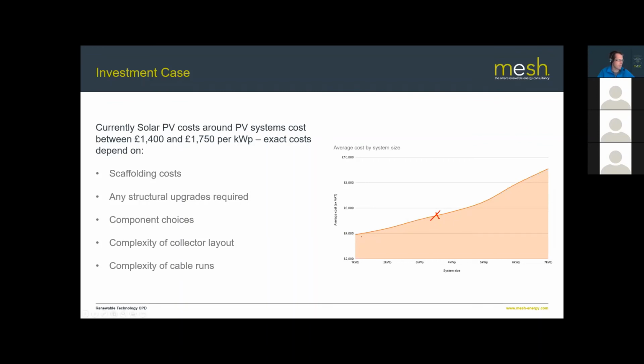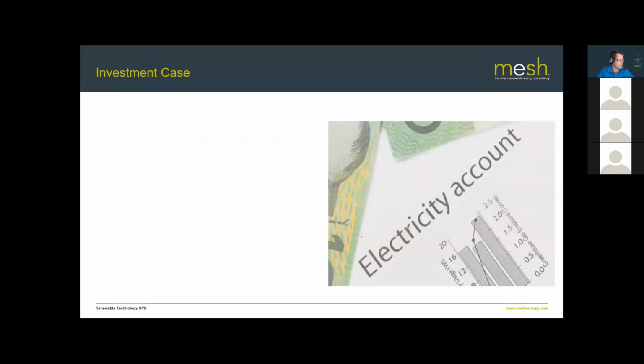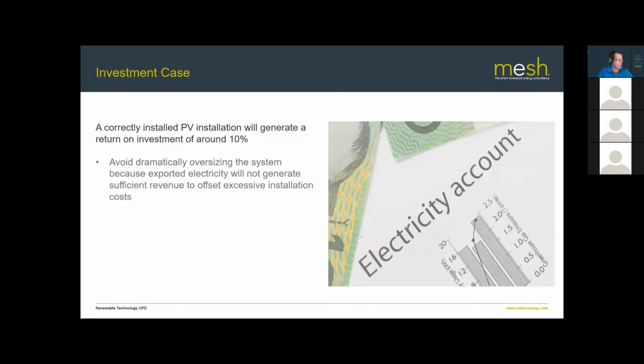So this leads me onto the next slide, which is about paybacks. We've talked about payback, and a well-sized system should give you a return on investment of around 10%.